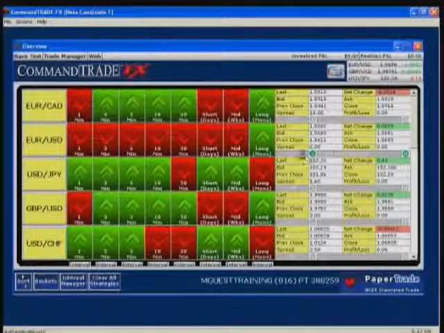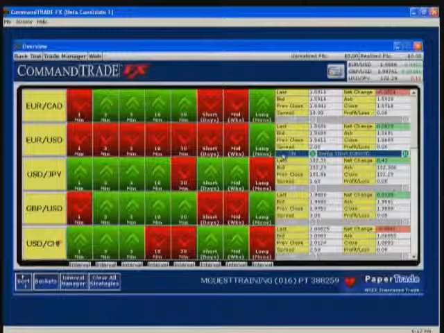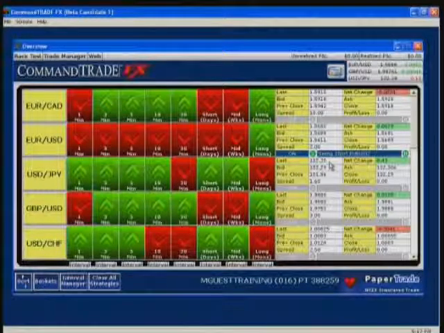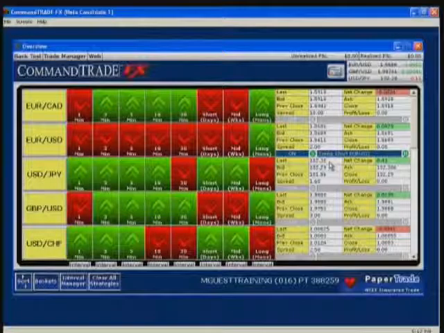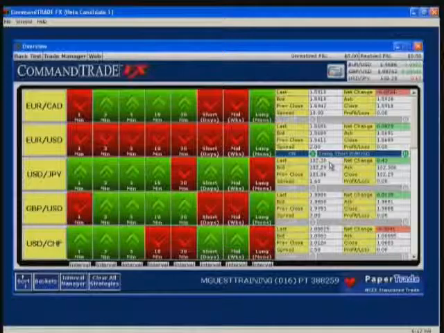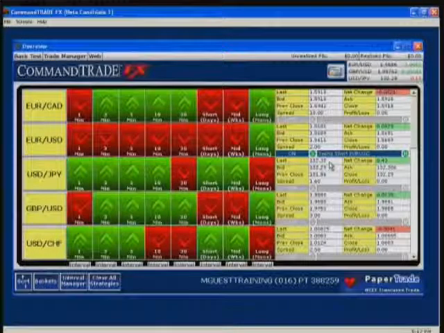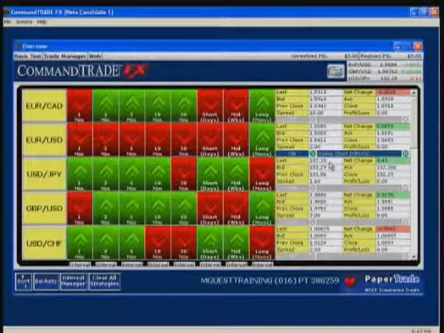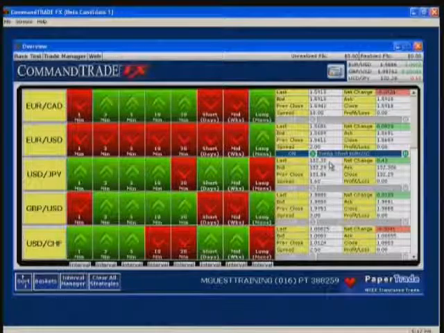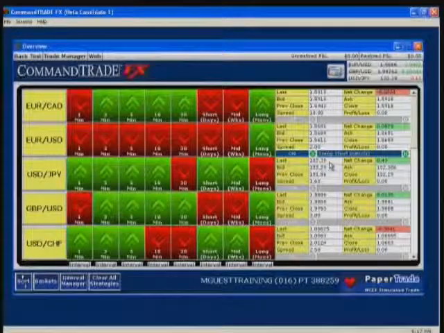I'm going to go ahead and turn this strategy on. You'll notice, again, once it's in the on position, I can turn off my computer, go to work, go out, play some golf, or sleep again. Awesome. The CommandTRADE servers are now in charge of watching this currency pair, this strategy, seamlessly moving me into the market, taking me out of the market based on the conditions of that strategy.